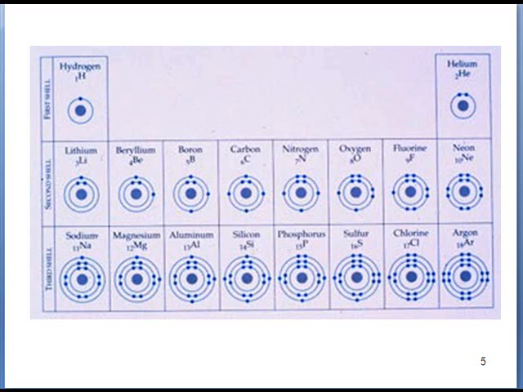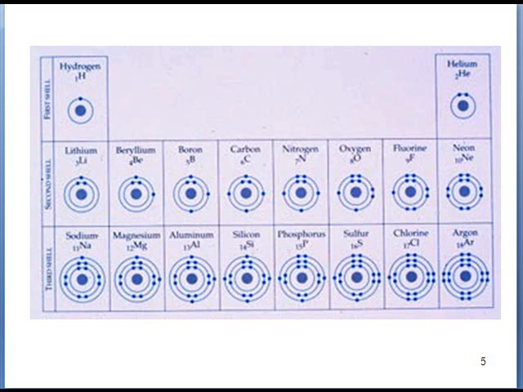Now take a look at sodium, and this is interesting. Sodium has 2 electrons on the inner core. The next shell has 8, but we still have 1 more electron to go. We need to get to 11. Therefore, sodium has one electron in the outer shell also. So hydrogen has one electron in the outer shell, lithium has one, sodium has one.